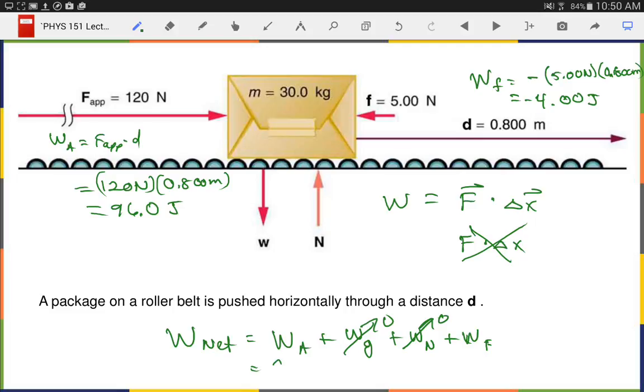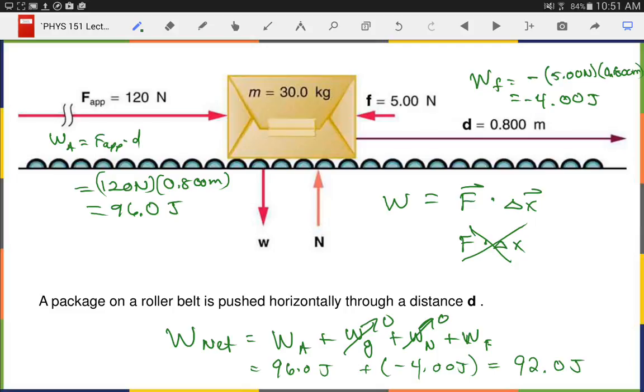And so then I would just put in my 96.0 joules plus my minus 4.00 joules. And when I add those up, I get 92.0 joules. Still 3 significant digits in my answer because the least significant digit is in the tenths.